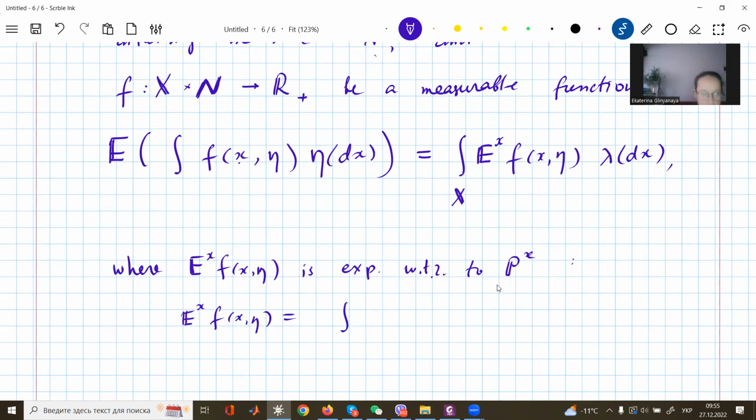If I write here some measure mu, this will be the integral with respect to this measure, and here's the space of all measures.